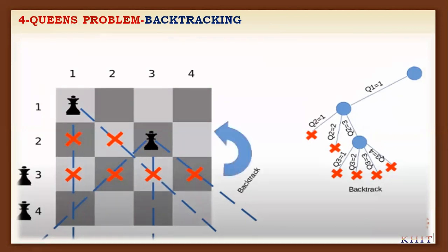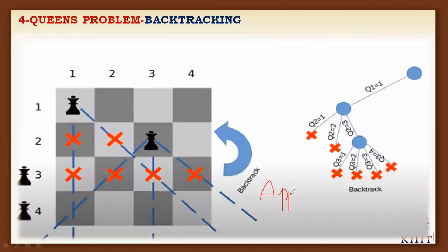Next, what I can do is simply apply the concept of backtracking. There is no provision for placing Queen 3 on a 4 by 4 chessboard here, so I apply the backtracking technique.